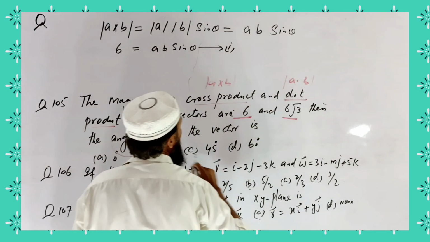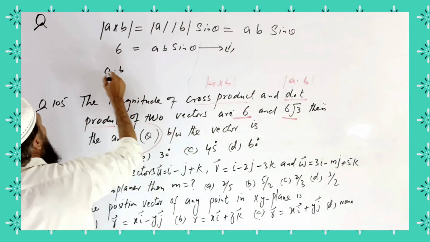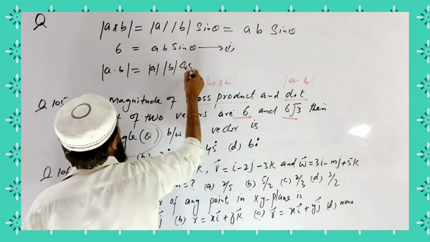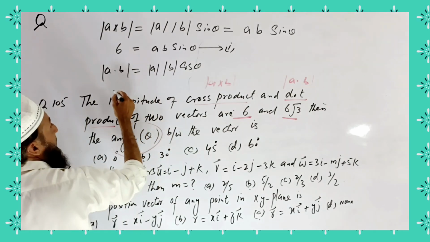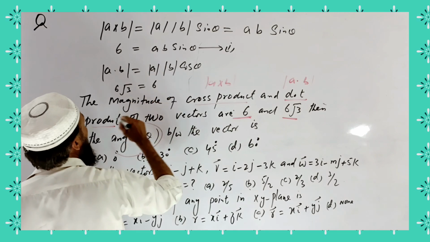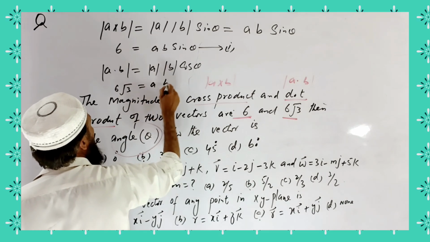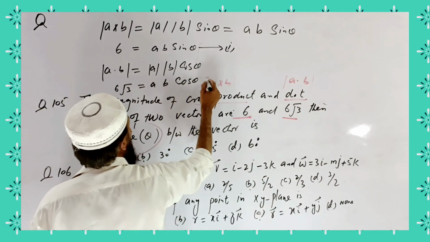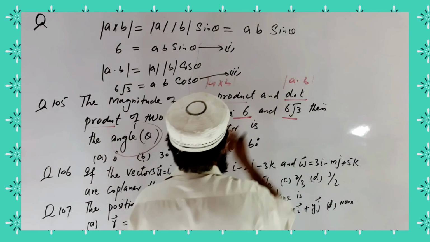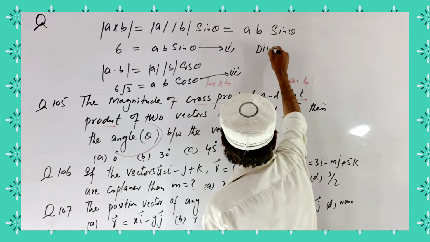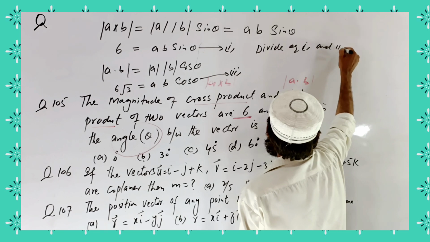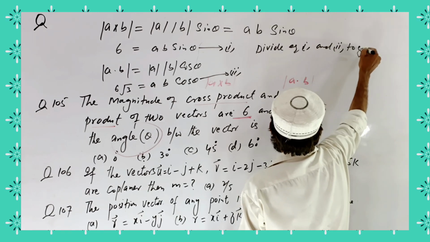Similarly, A dot B is given: A dot B is equal to the magnitude of A times the magnitude of B times cos theta. So A dot B is equal to 6 root 3, equal to AB cos theta. We give the name equation number two. Now divide equation one by equation two to get the result.